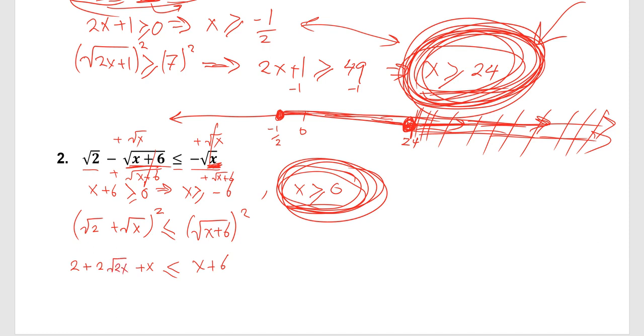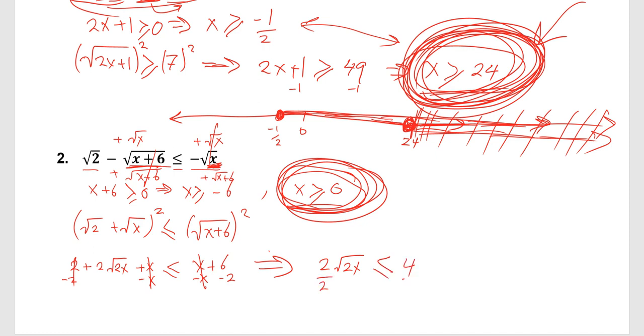Okay, here we have plus x and plus x, so we can subtract x from both sides, and we can also subtract 2 from both sides. So that's going to give us, this will go away, this will go away, this will go away. 6 minus 2 is 4. So 2 square root of 2x is less than or equal to 4.